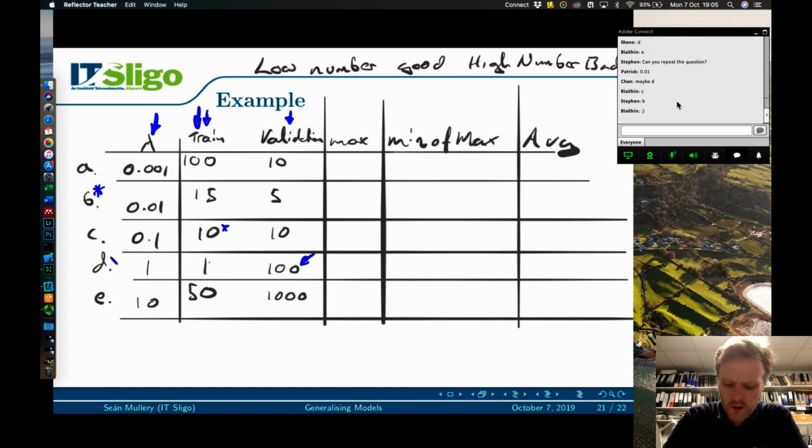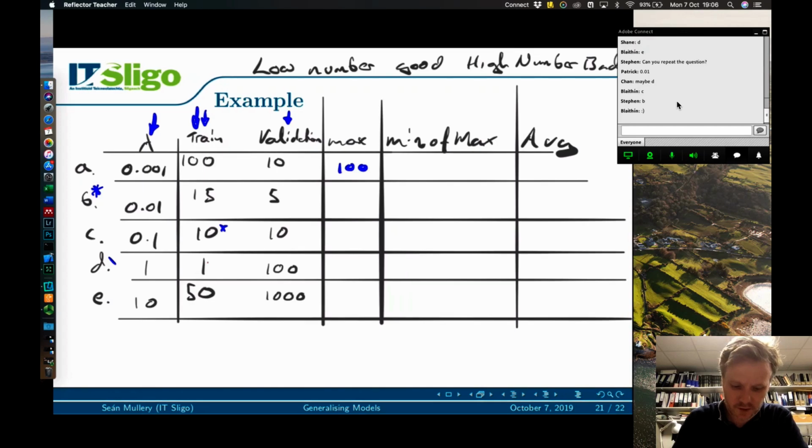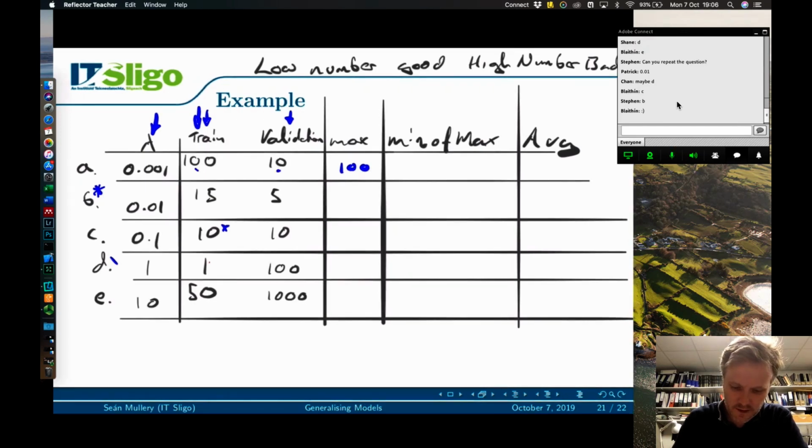Okay, so there are 2 common solutions that we would use. Firstly, go down the list and find the maximum number in each row. The maximum number here is 100, between 110. The maximum number here is 15. The maximum number in this case is 10.